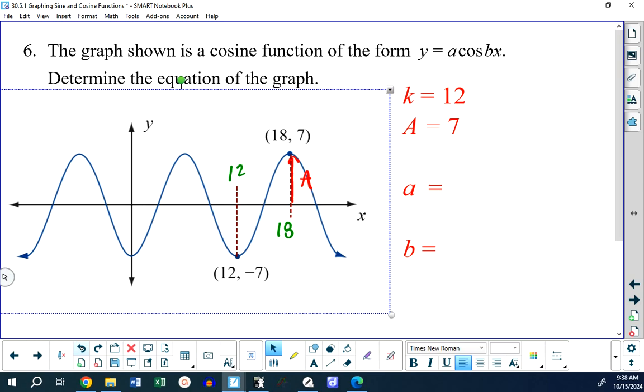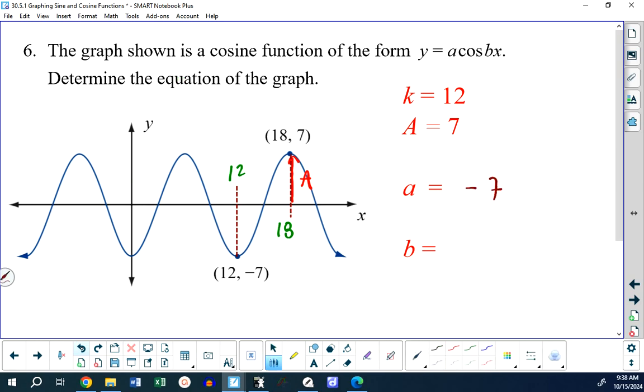The value of A is going to be -7 because it has to represent the amplitude being 7, but it also has to represent the fact that this graph starts at the bottom, and it's a cosine graph, right? Starts at the bottom going up instead of the top going down. And B, well, B will be 2 pi over 12, the period. 2 pi over B is the period.